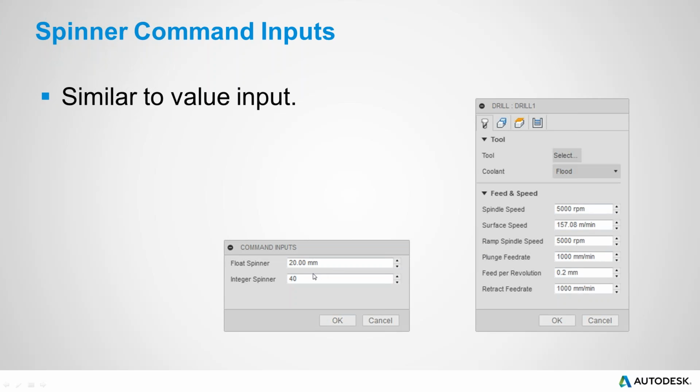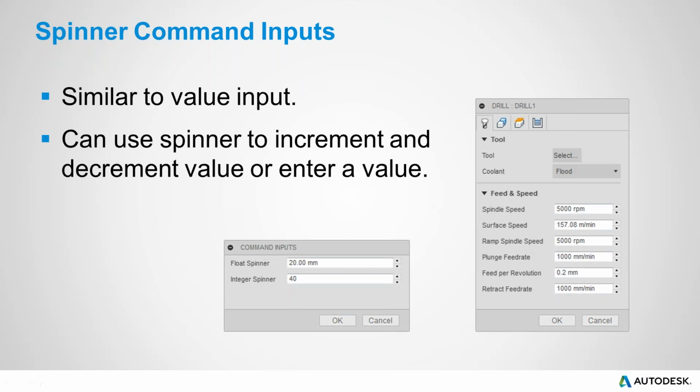So it's just kind of a different way to get values, if you think that little spinner option adds value to what you're doing. And these, like the value input, are validated by Fusion. So if the user types in some garbage, then it's going to invalidate it.